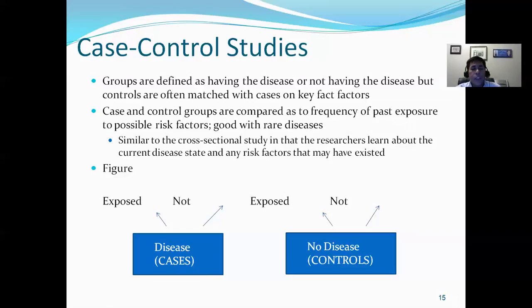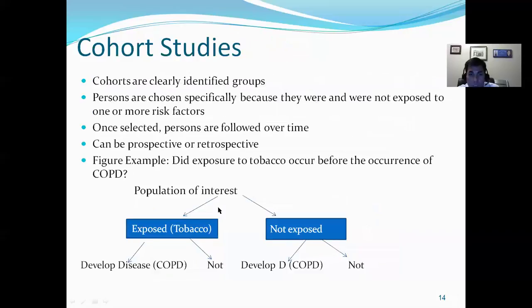So similar to the cross-sectional study in that the researchers learn about the current disease state and any risk factors that may have existed, but with the caveat that in case control, you already match with cases on key factual factors, which are not a feature of the cohort study.